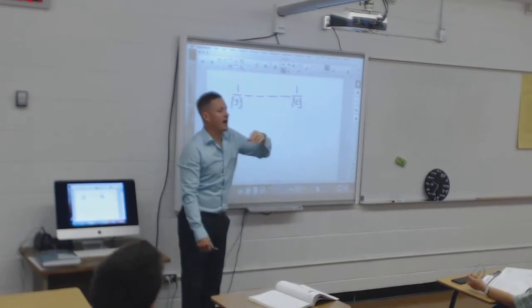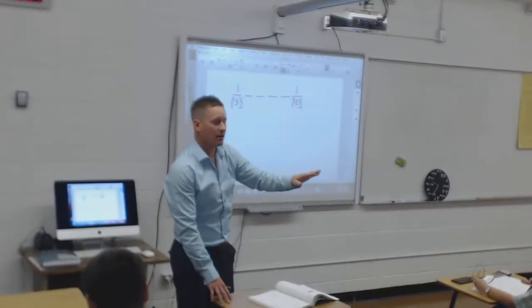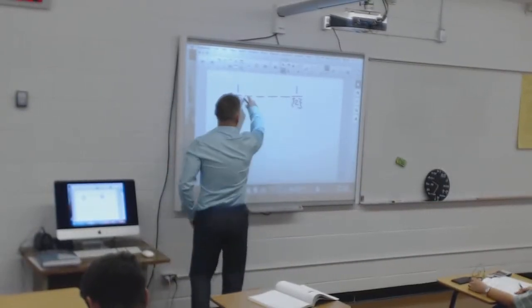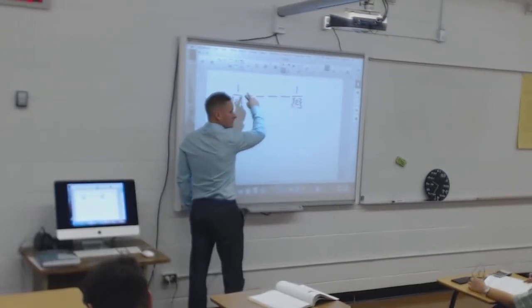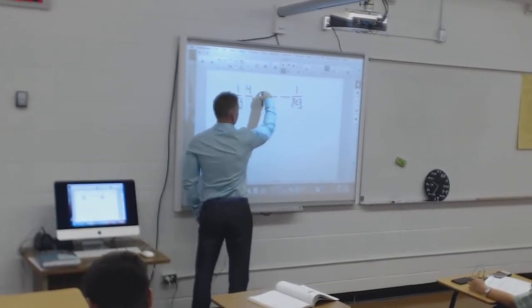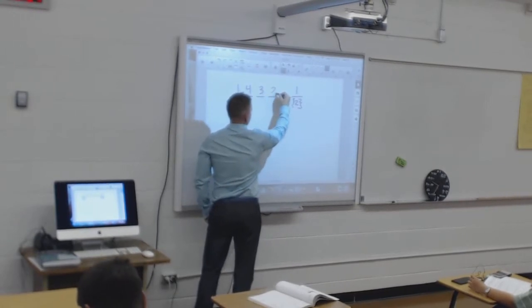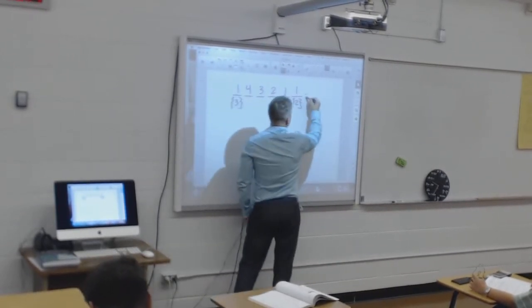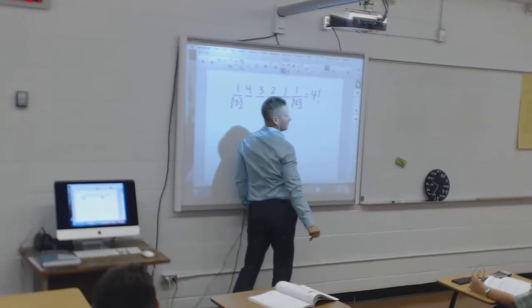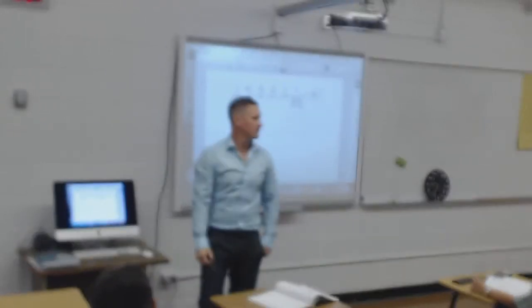Okay, so now I have my 2 restrictions on there. How many choices do I have for this number? 4. So what's the answer to the question? 4 factorial, right?